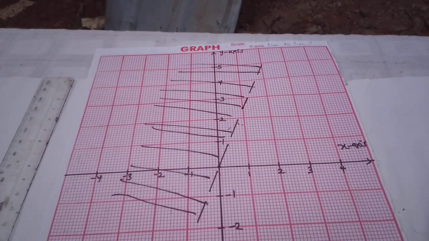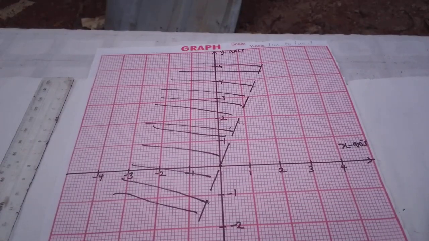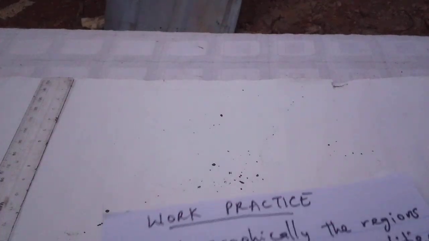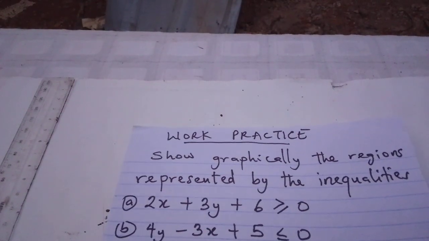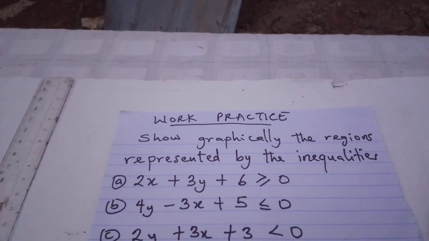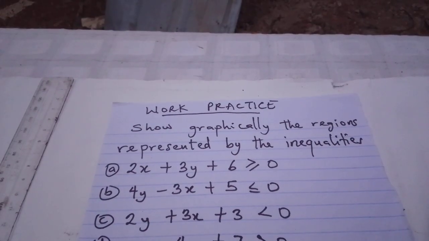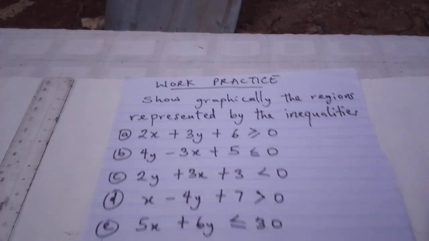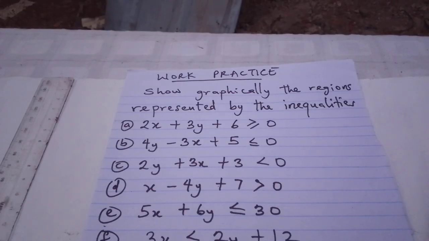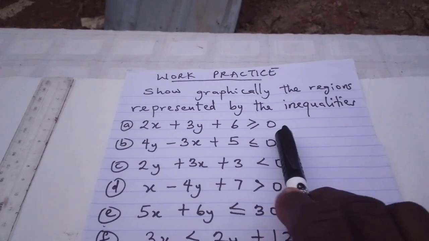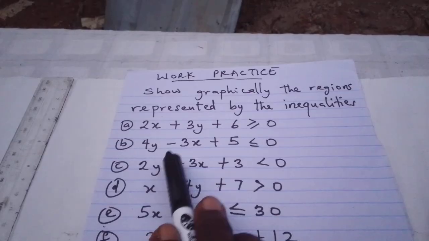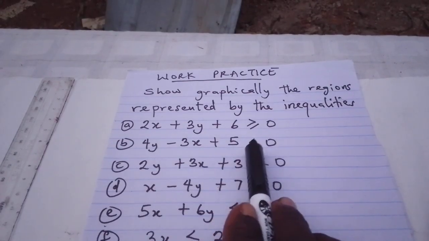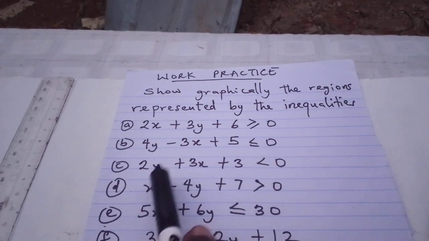In case you are still having problems, make sure you rewind the video and listen to it over and over again. For the work practice, show graphically the regions represented by the inequalities. A. 2x plus 3y plus 6 greater than or equal to 0. B. 4y minus 3x plus 5 less than or equal to 0.